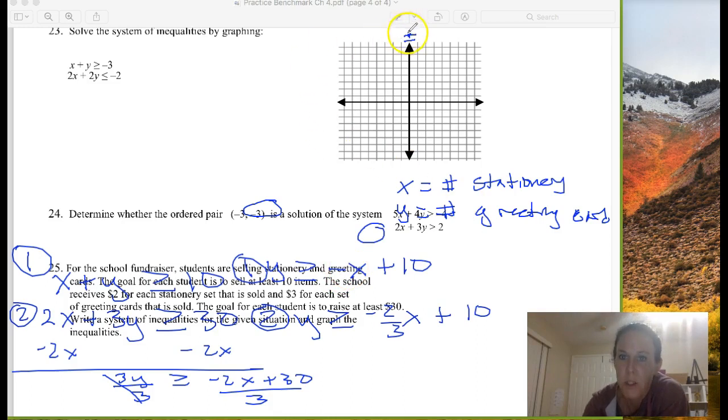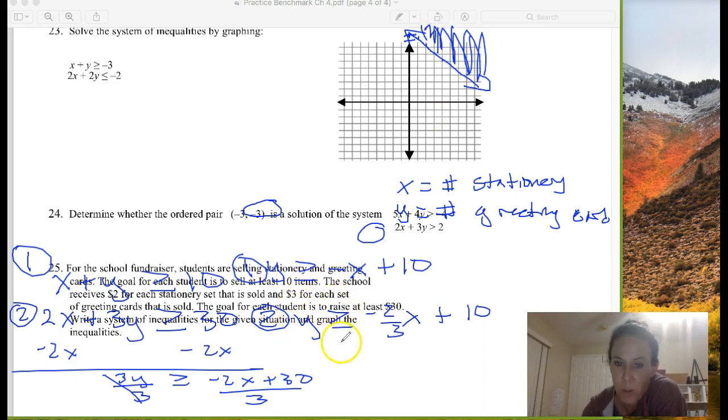So that means I go down 1 over 1, down 1 over 1, down 1 over 1. Y is greater than or equal to, so it is a solid line. And since y is greater than, I shade up. Okay, so that's an up shade.